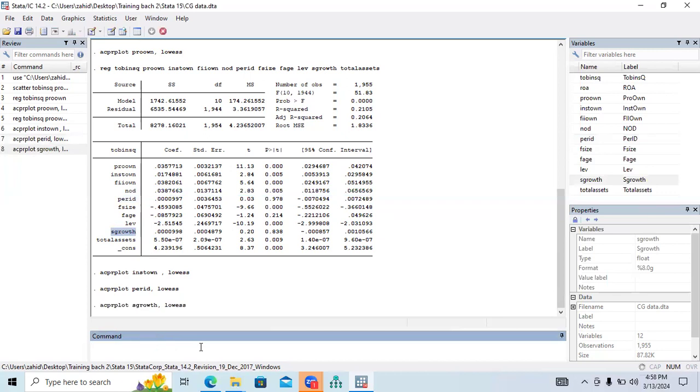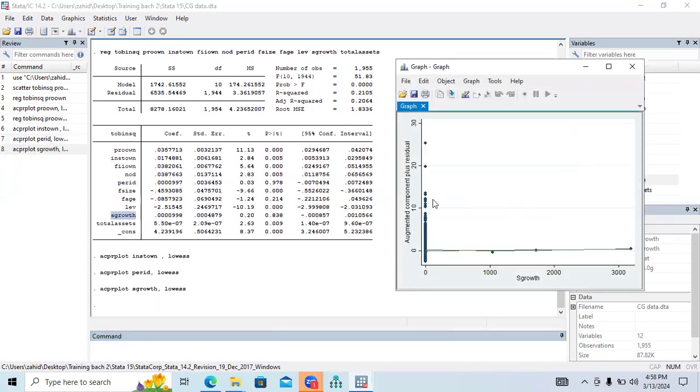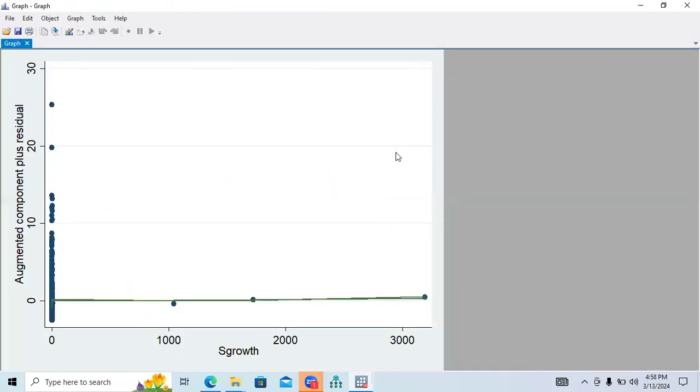Now run the command and you will see a linear relationship like this. No, this is a non-linear relationship actually. So whenever you do not find your dots on the straight line and there is a straight line between the variables, it becomes a non-linear relationship.